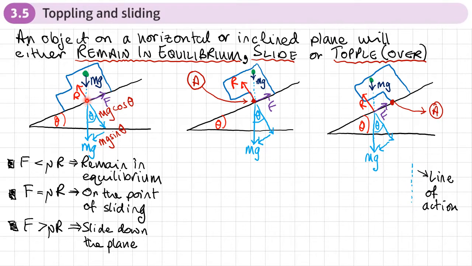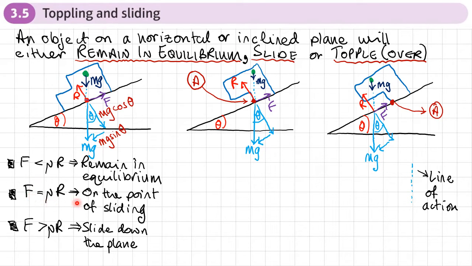You'll see that on all of the diagrams. So here it's inside of this contact face. So if F, our frictional force here, is less than mu R, then this object will remain in equilibrium. It's not moving anywhere, it's not going to slide down the slope, it will just stay there.